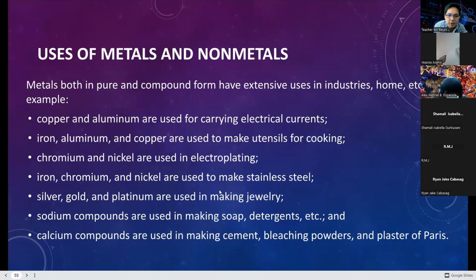Calcium compounds are used in making cement, bleaching powders, and plaster of Paris. Plaster of Paris looks like cement. Some of the sculptures and statues are actually made of plaster of Paris.